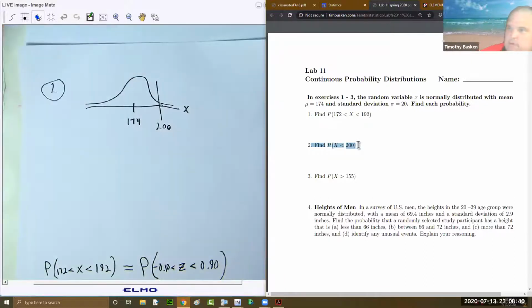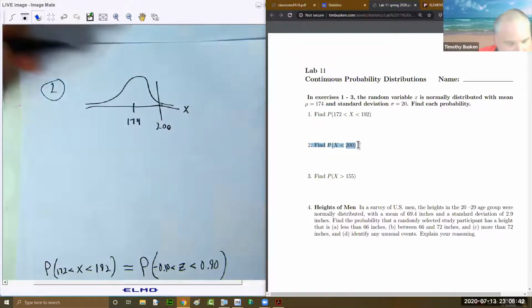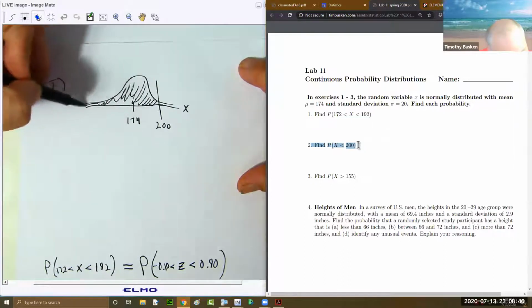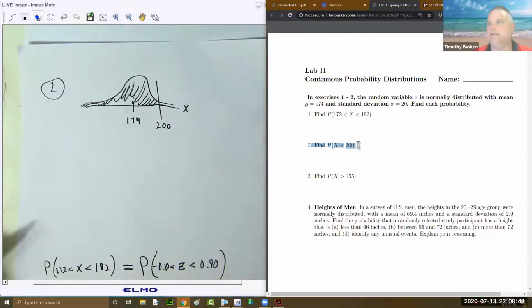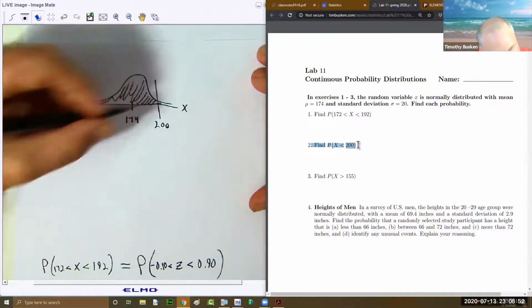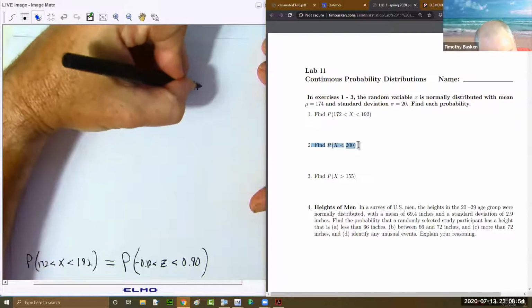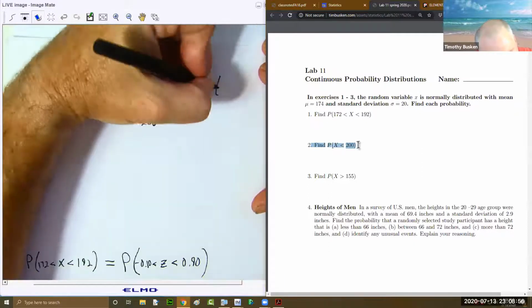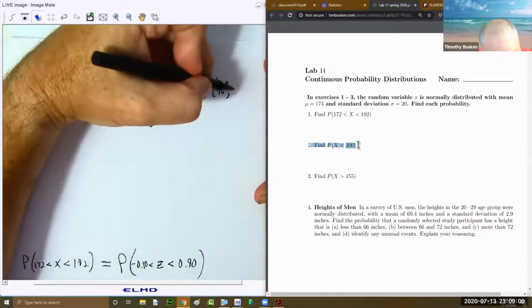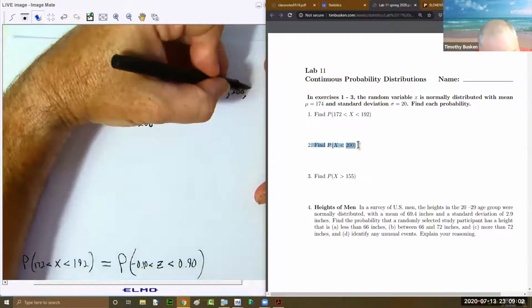They want us to find the probability x is less than 200, and therefore we're going to be shading to the left of 200. That's the area we need to find. So we're just going to use normal CDF, with negative 10 to the 9 being our lower boundary and 200 being our upper boundary.